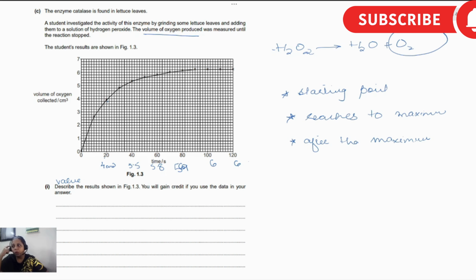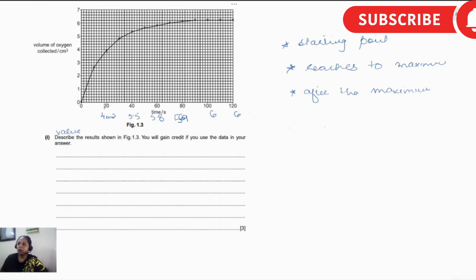Let me give you an answer. At the start of the reaction there was no oxygen produced, but with the passage of time there would be an increase in the volume of oxygen. At 80 seconds the reaction becomes constant. Then we have to give the value. It would be 6 cubic centimeters and won't increase further. Okay, let's move to the next question.